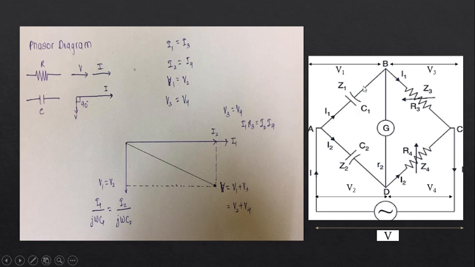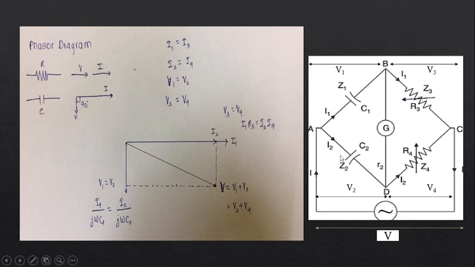The voltage across a capacitor lags the current by 90 degrees, so the voltage of the capacitor can be written as I1 divided by j omega C1, and I have drawn it lagging the current by 90 degrees. Since I1 also flows through the resistor R3, and in a resistor the current and voltage are in the same phase, the voltage is drawn in phase with the current I1.